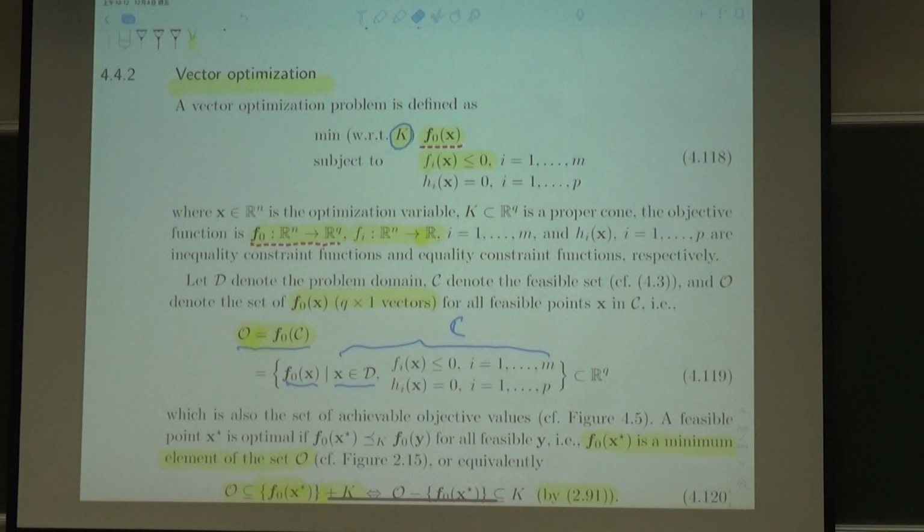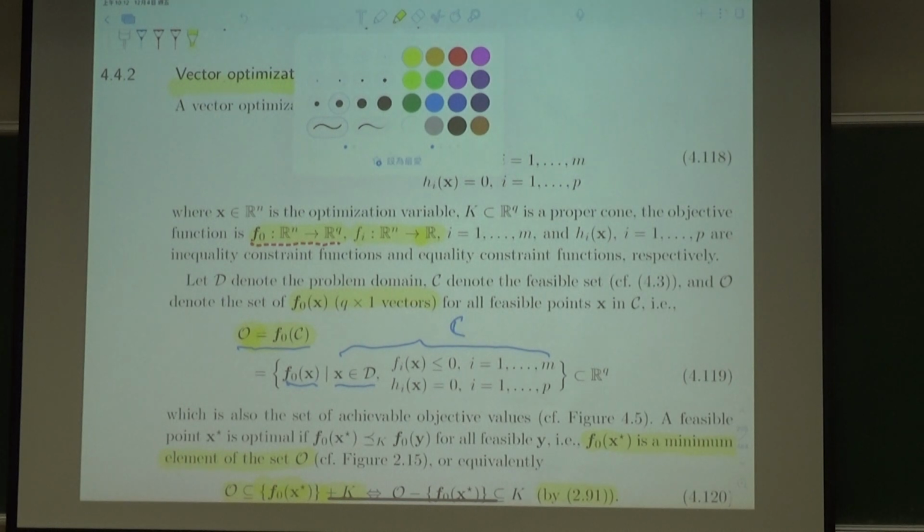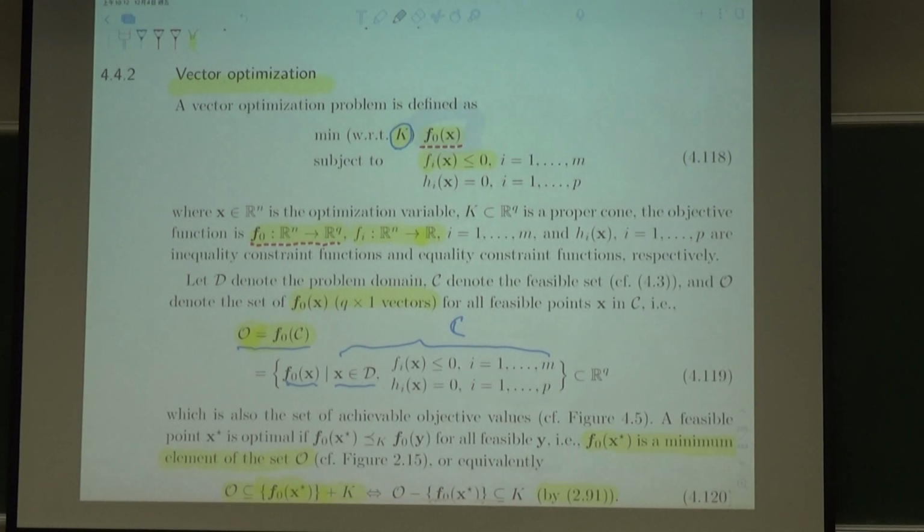Okay, last time we defined a problem. The objective function is a vector or matrix. So if you want to compare F0(x), then you need to use a generalized inequality.